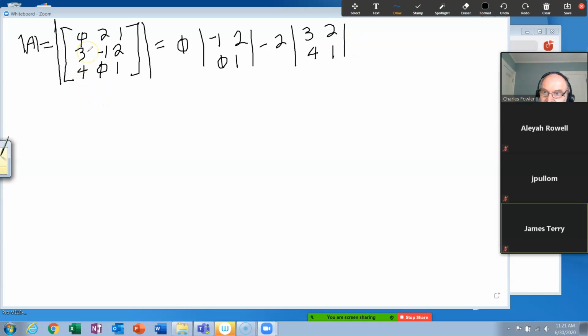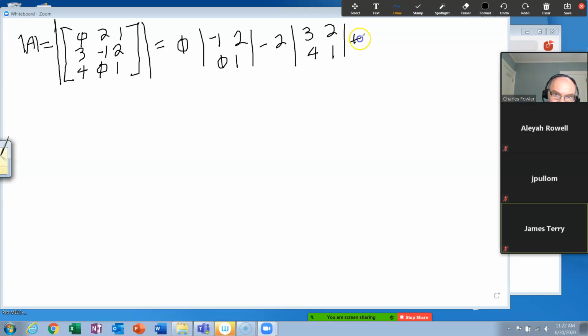Okay. Then what you do is go to the 1, 3 entry, because you're using this first row to calculate your determinant. Well, what's the sign of the cofactor of the 1, 3 entry? Positive, so I'm going to put a plus there. Okay, I've got to get used to this plus.